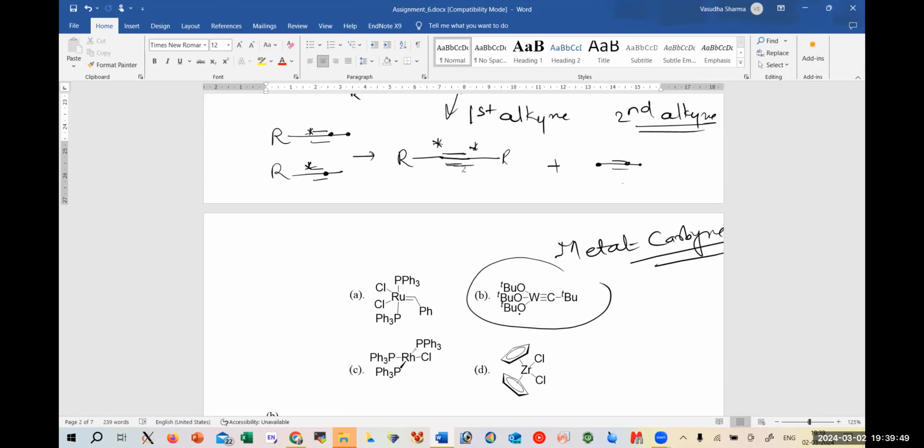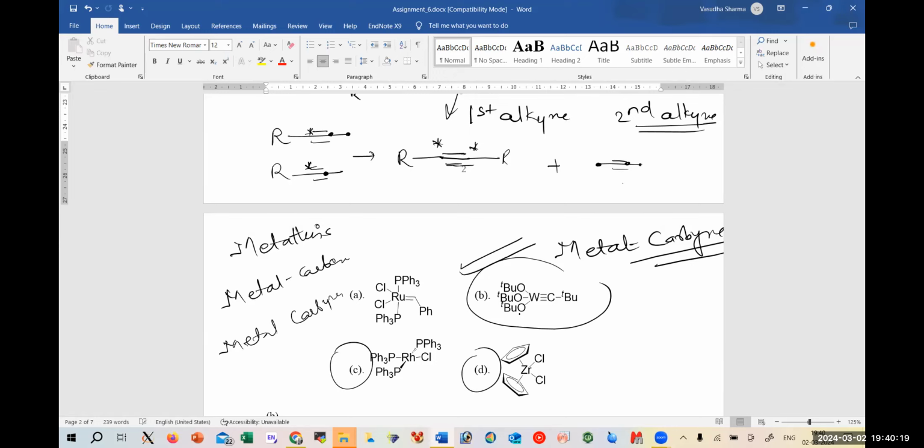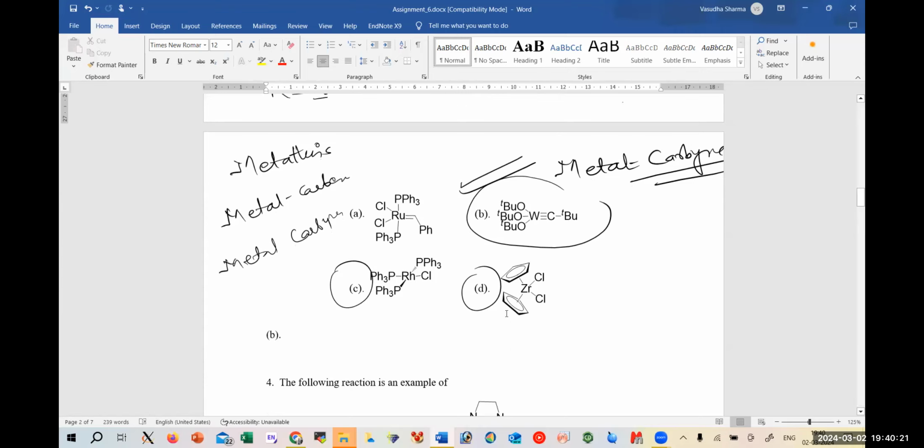The other ones are not the catalysts used for this, because metathesis reactions can only be possible when we have metal carbenes or metal carbynes. These are neither carbenes nor carbynes, so these are anyway eliminated. This option is only for the alkene metathesis, and the right option is your D. I hope this is clear.